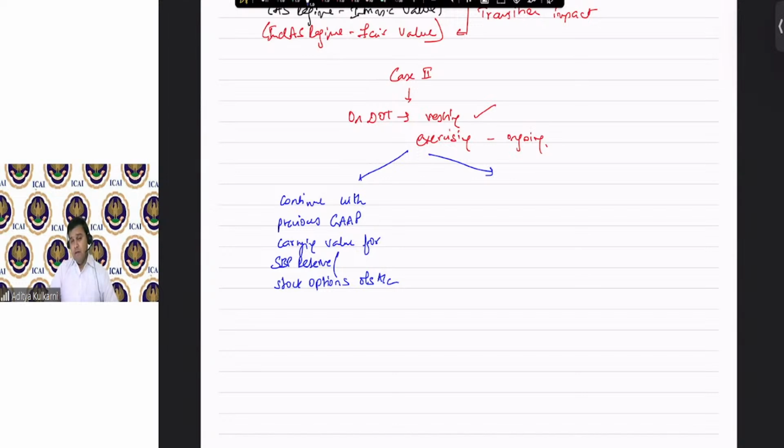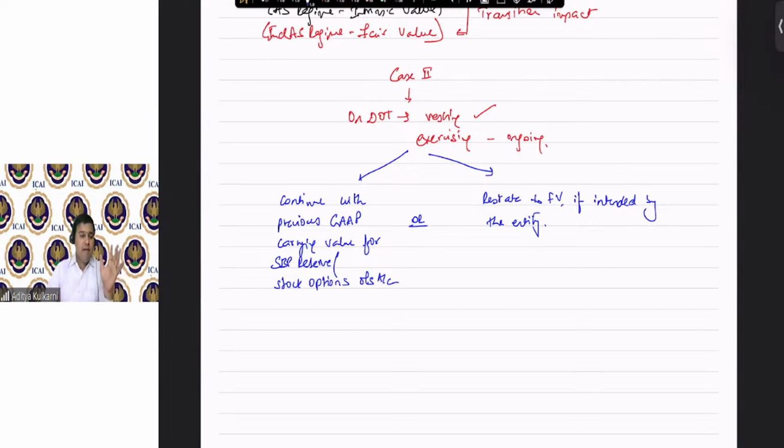So for those people, the standard says restate to fair value if intended by the entity.